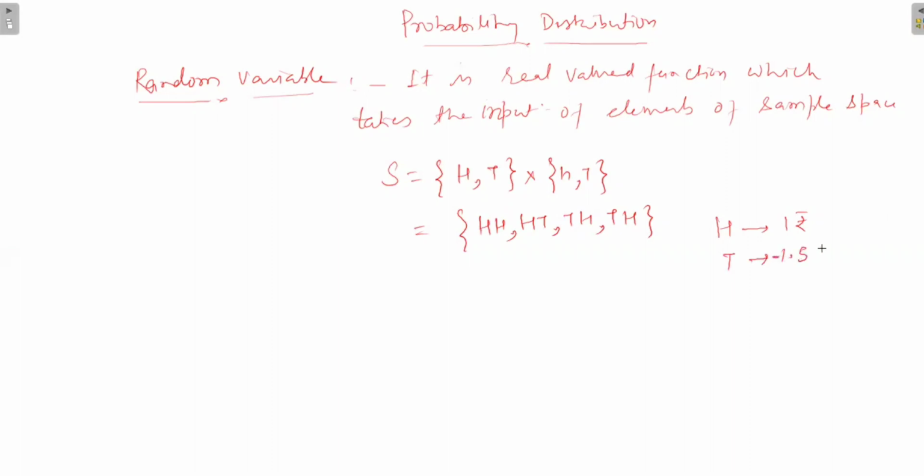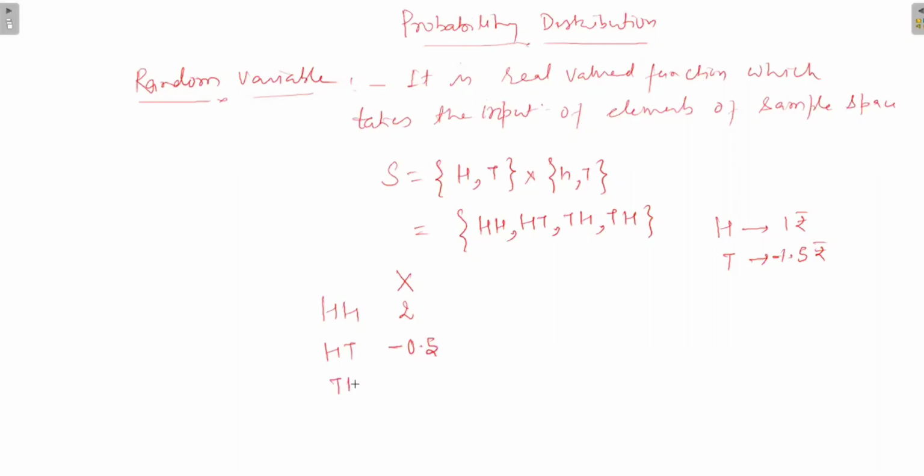Now the random variable, which we are defining using the symbol X, will take a value depending on this. If two heads come, X will get 1 plus 1, 2 rupees. If I get H and T, first a head comes, so 1 rupee is given, and then a tail comes, then 1.5 rupees is taken. So the player is losing 0.5 rupees.